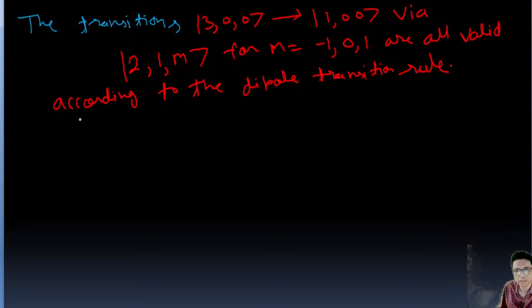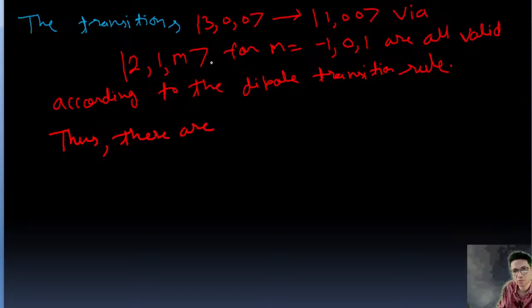Thus there are three different states. So it will go from first 3,0,0, then 2,1,m and then 1,0,0, right?